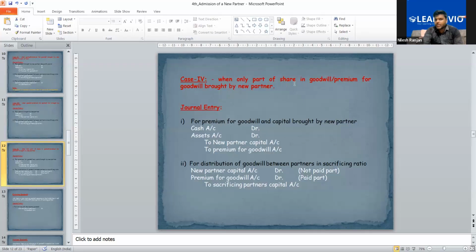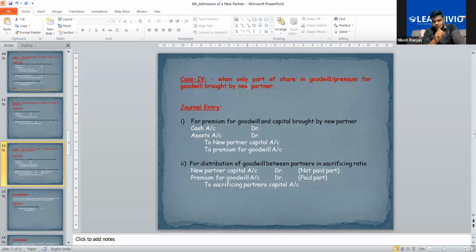When only part of the share in goodwill, premium for goodwill is brought by the new partner. There is one case where the full amount is brought by the new partner for goodwill. Then there is a second case when no money is brought by the new partner for goodwill. Then there is this third case. Actually, the first case was privately paid.